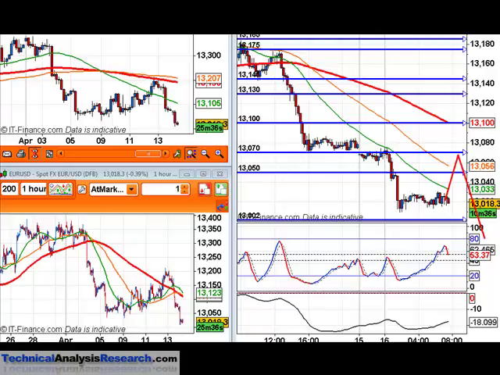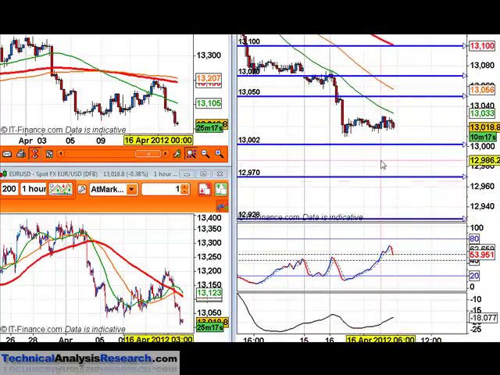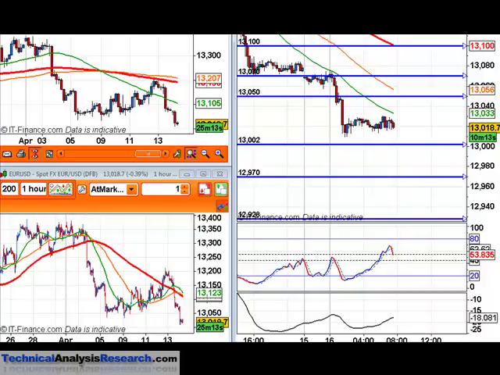So overall, although the market is trending down, we're trapped within this range of about 100 pips. If I just draw this in, there's about a 100 pip range here, from about 130.70 down to 129.70. And this is a lot of pips, so there should be trading opportunities within this range. But again, remember that for any trend continuation, that 129.70 must be taken out.